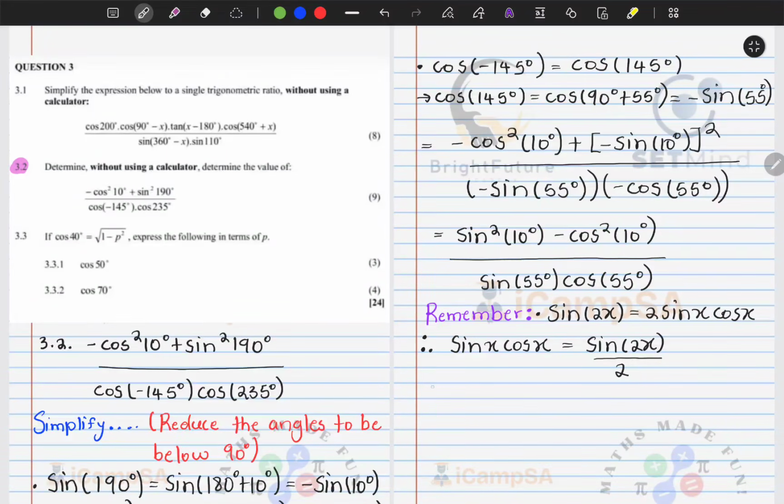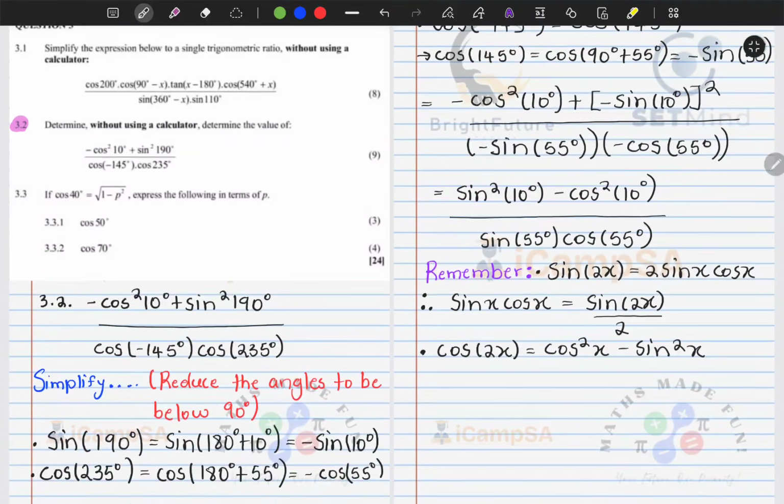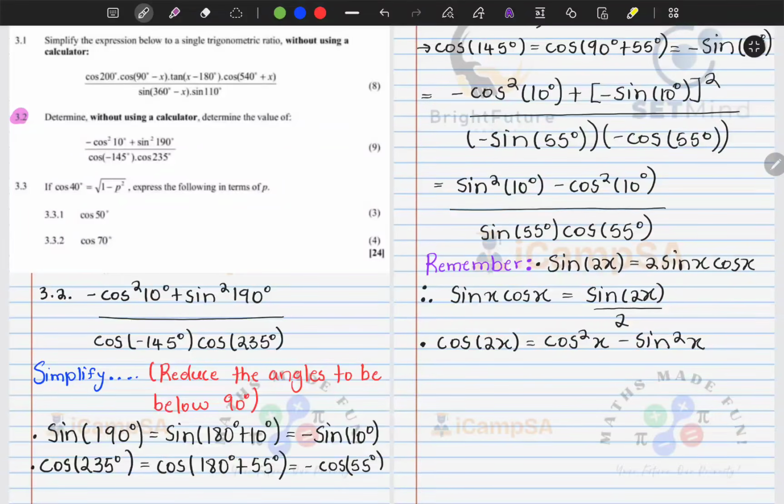Okay, that is one thing I need you to remember. The other one is the double angle expression for cos, which is that cos of 2x, you should remember, can be written as cos squared of x minus sine squared of x. Okay, so this then puts us in two conditions.